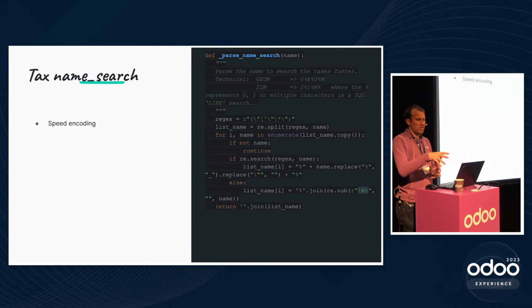That's what allows the speed encoding to be more flexible in how the user puts the text, and that way selects it more easily. So it's an inheritance from the name search, which calls this method for that.